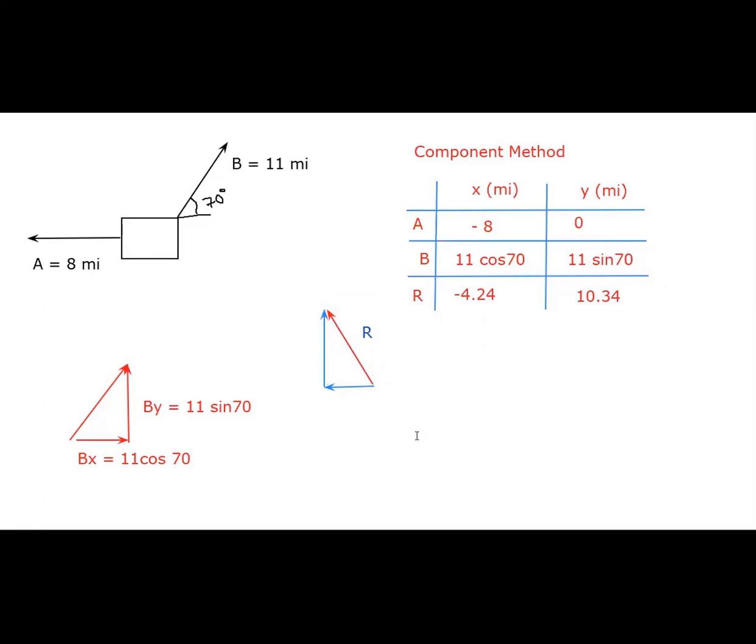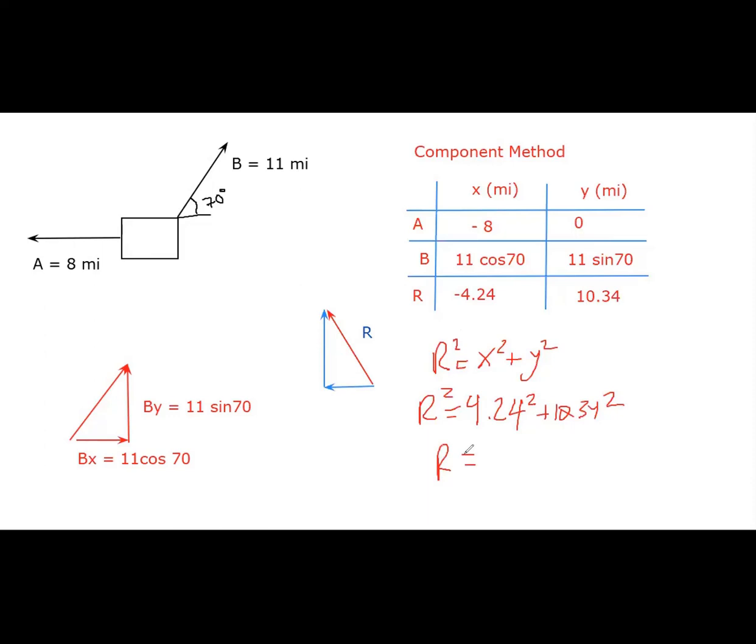Now our goal is to find the magnitude, quadrant, and angle for R. So remember how to do that from last lesson. If we go for R squared equals x squared plus y squared. R squared equals 4.24 squared plus 10.34 squared.